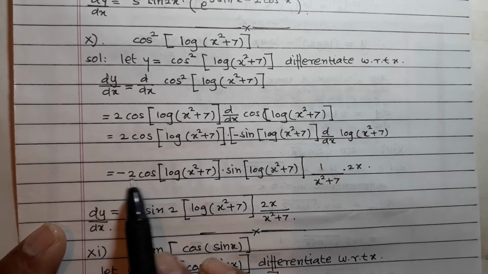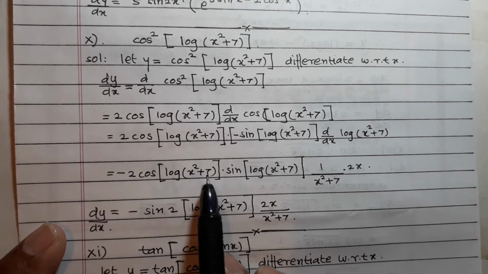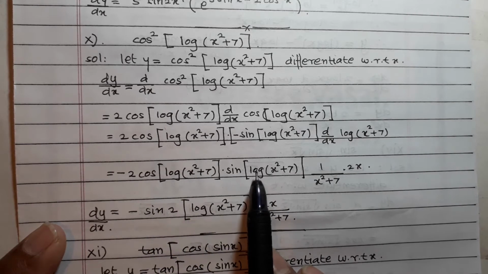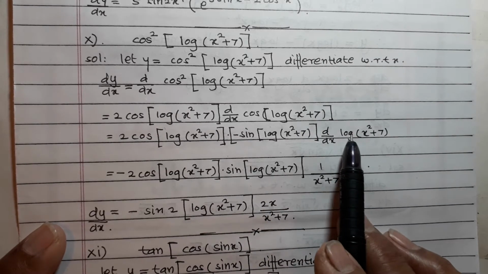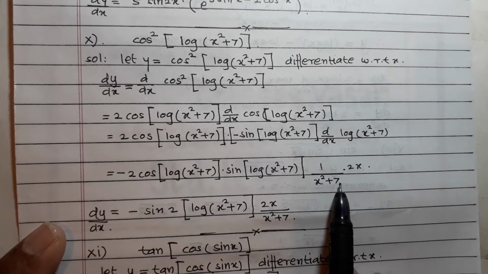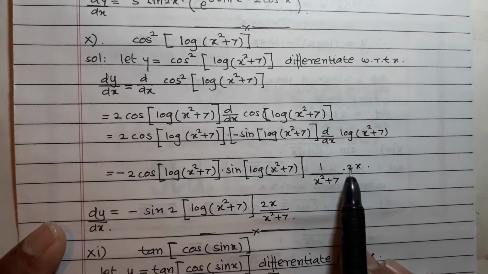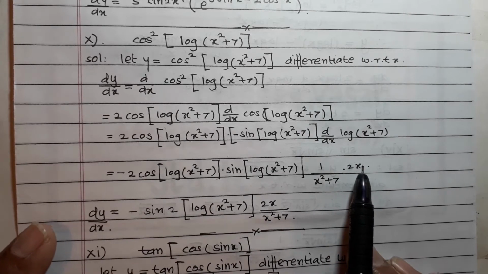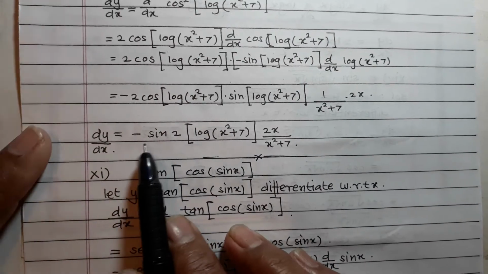So this is minus 2 cos log (x² plus 7) into sin log (x² plus 7), and the derivative of log is 1 upon x² plus 7, and the derivative of x² plus 7 is 2x. Then you write down the simplified form.